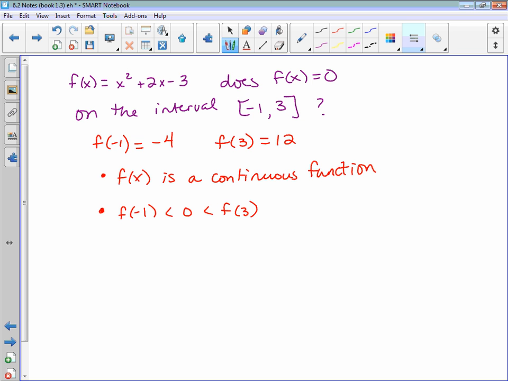You know, if this had been the -1 and this had been the +1, you'd have to switch where the f of 3 and f of -1 were. So that's why you always check that first. Then what that means is, third dot, so there exists a C, -1 is less than C is less than 3.